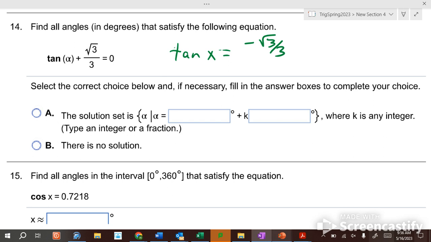But how many degrees? 150 degrees. And then, how many degrees past 150? 180 degrees past it. Because then that would be at 330 degrees as well.